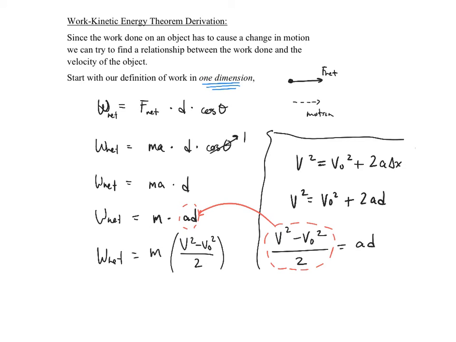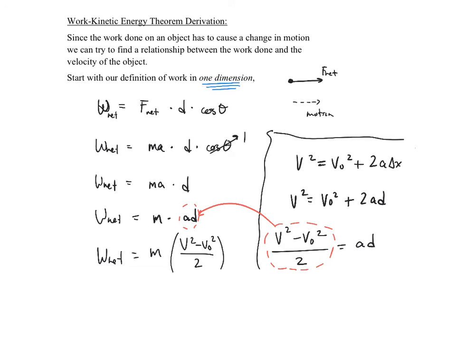Isn't the kinetic energy formula 1/2 m times v squared? So m times v squared divided by 2. Yeah. So this is definitely kinetic energy. Let's distribute the m to both terms on the top, and then think about this over 2 as being a 1/2.